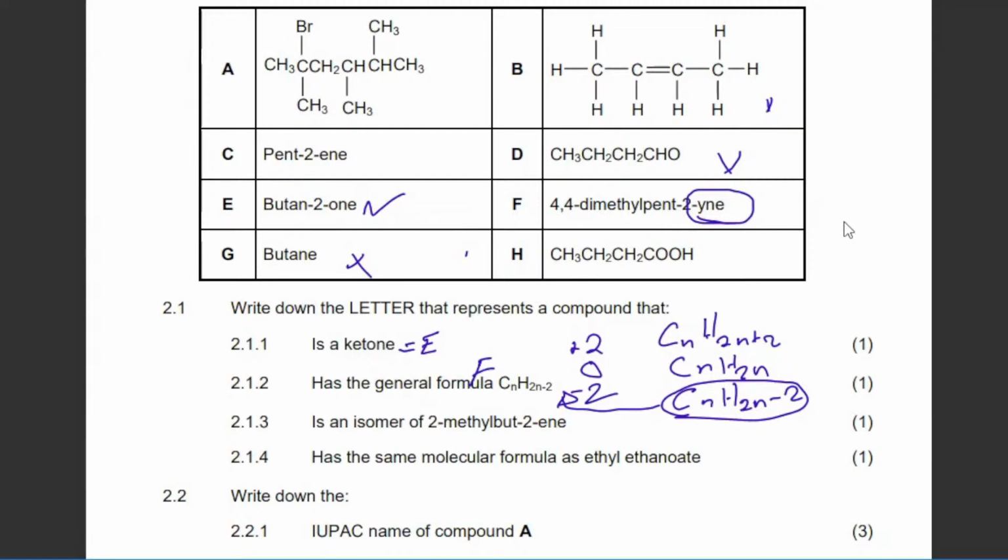Isomer of 2-methyl butene. So how many? This is the alkene. So it could be this, it could be this, or it could be this. But now, how many carbon atoms are here? 2-methyl. Meth is 1 carbon atom, but is 4.